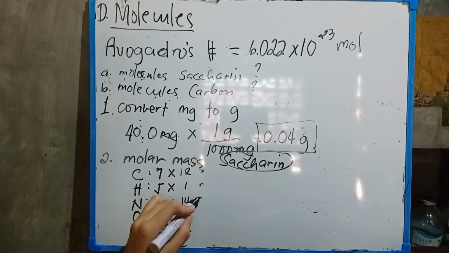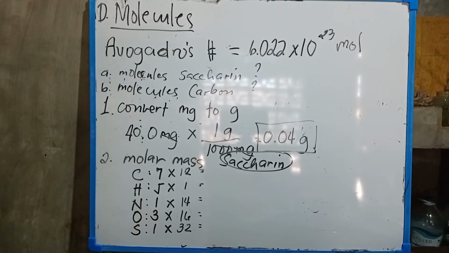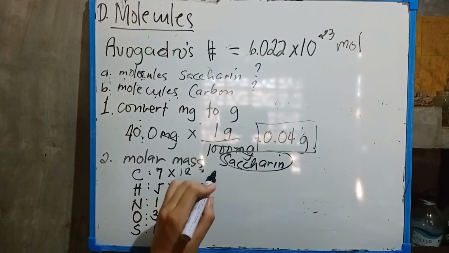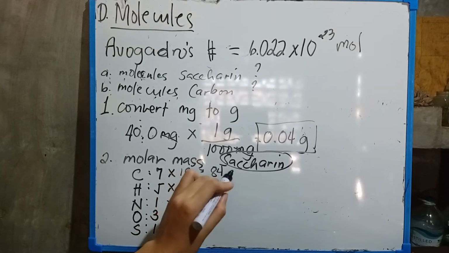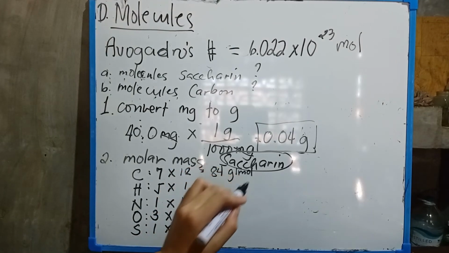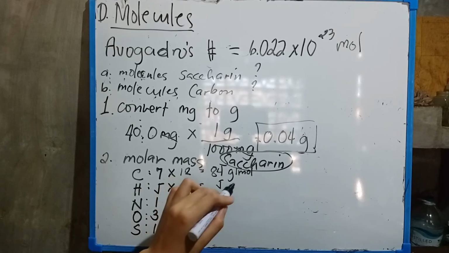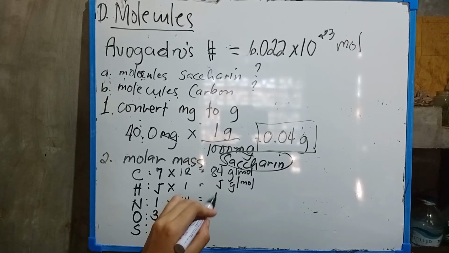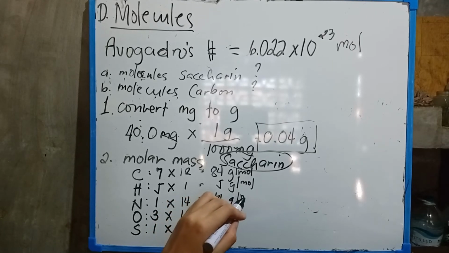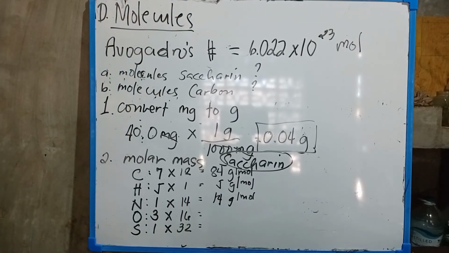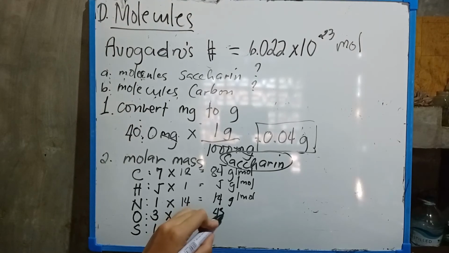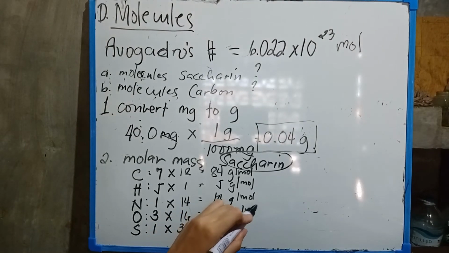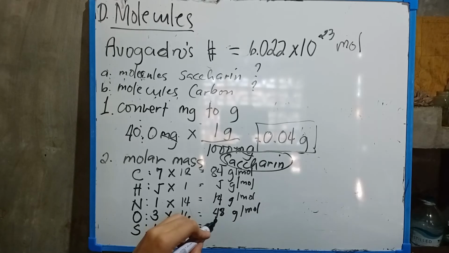So, i-multiply natin. 7 times 12 is 84. 5 times 1 is 5. Our nitrogen is 14. 3 times 16 is 48. And 1 times 32 is 32.